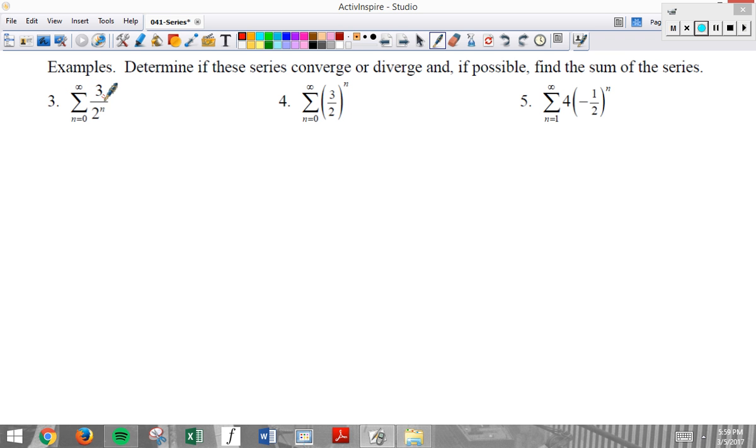It might be easiest to see if I write it like this. When n equals 0, I have 3 over 1, which is 3. When n equals 1, 3 over 2. When n equals 2, 3 over 4. When n equals 3, 3 over 8.